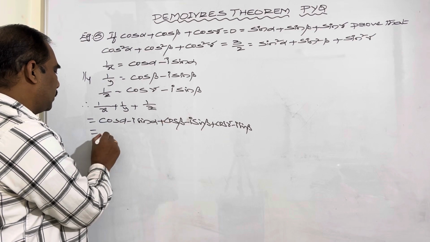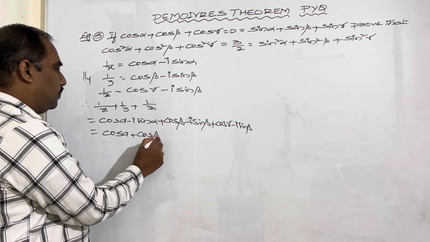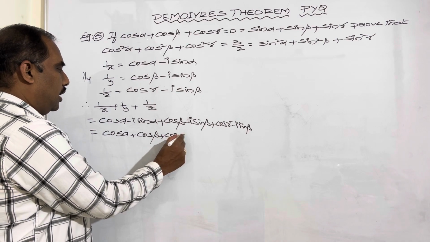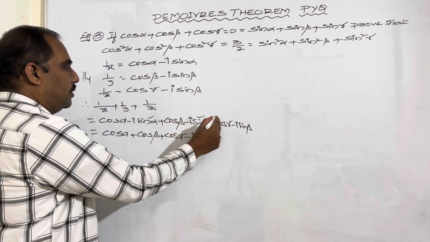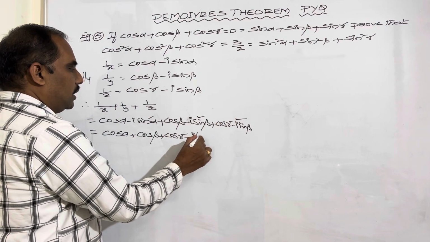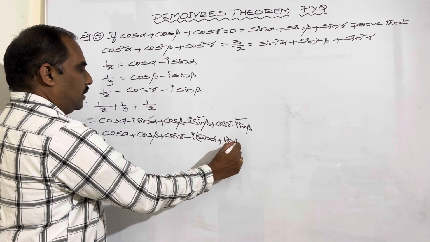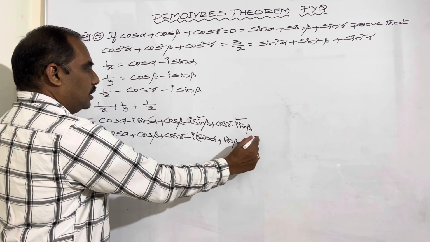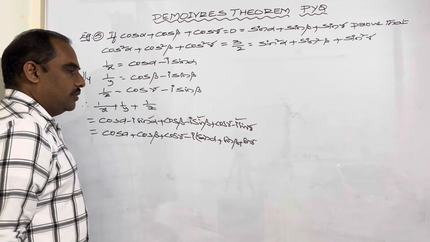So here cos alpha plus cos beta plus cos gamma, and minus i, if you take it common from all the three, into sin alpha plus sin beta plus sin gamma we get.